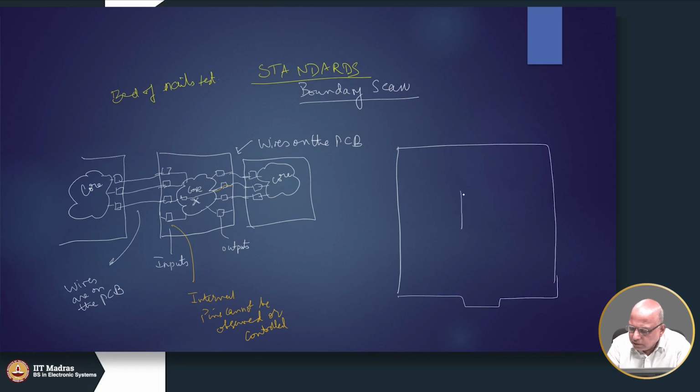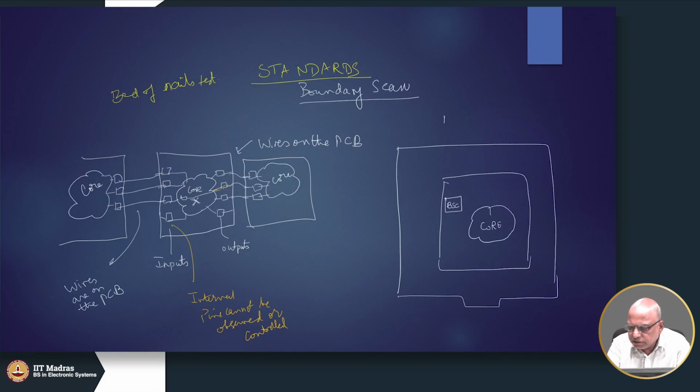So, this IC, this is a core logic. So, instead of having a pin to bring the inputs, they will replace it with what is called a boundary scan cell.